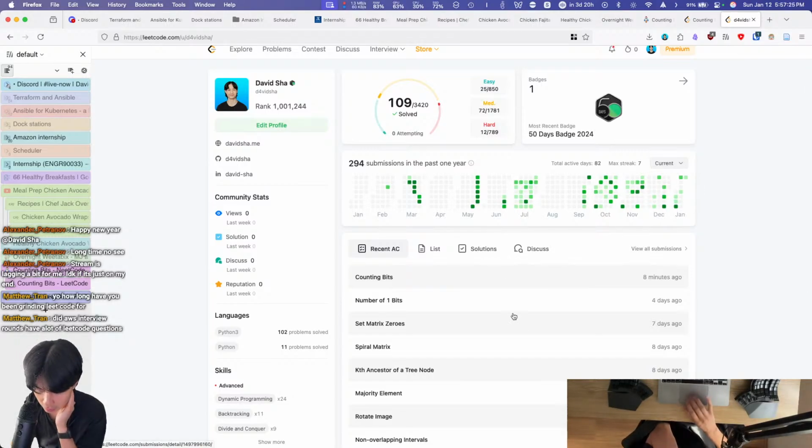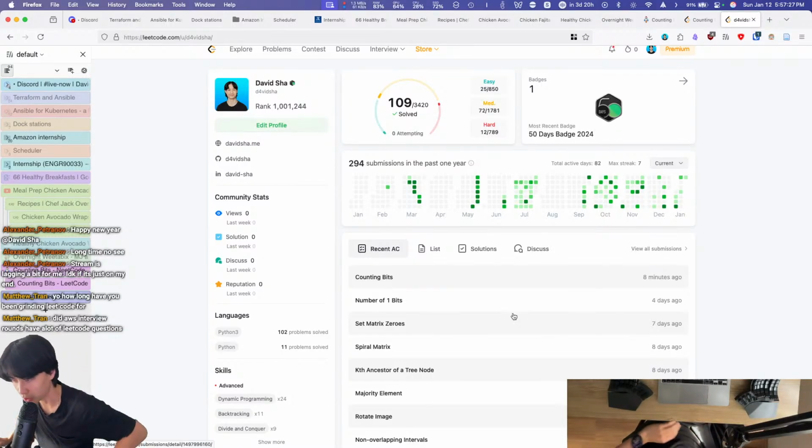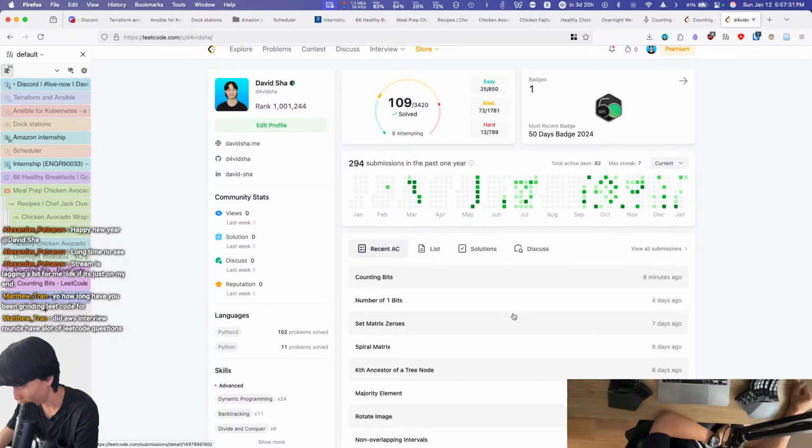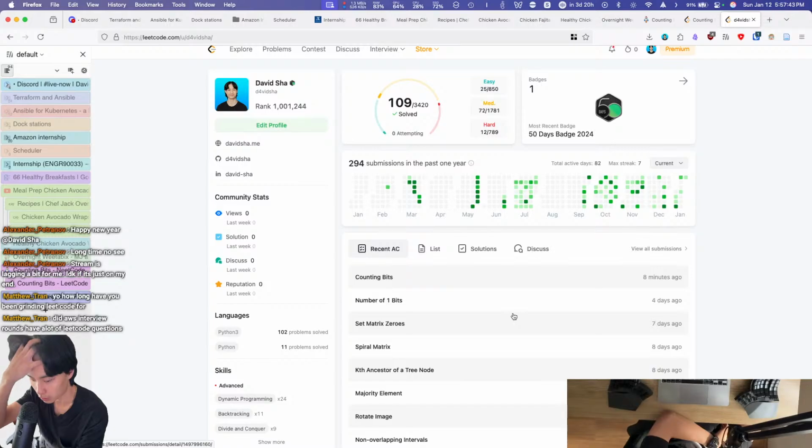Did AWS interview rounds have a lot of Leetcode questions? The interview rounds, they had basically a question per interview, and I had 3 interviews. That's basically the scenario. So just got to be prepared.